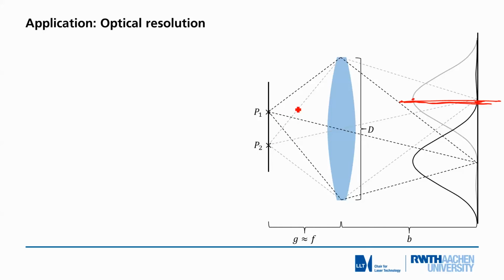As you may recall, the numerical aperture is, so to say, the opening of a lens, so the maximum angle at which the lens can take contributions from an object plane, in this case denoted here as 2 alpha max.